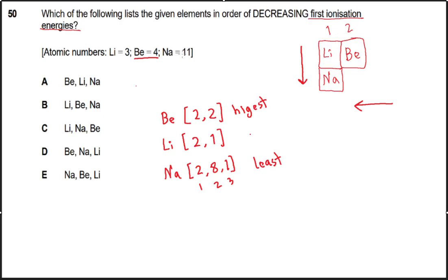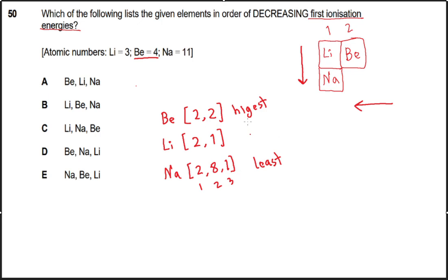But for sodium, even though it has many more protons compared to beryllium and lithium, it has a larger number of electron shells, meaning 1, 2, 3, so more electron repulsion for the outermost electron in the third shell. That's why it's easily removed. Beryllium has the fewest electron shells, even though lithium has the same, but beryllium has more protons than lithium and fewer electron shells than sodium.